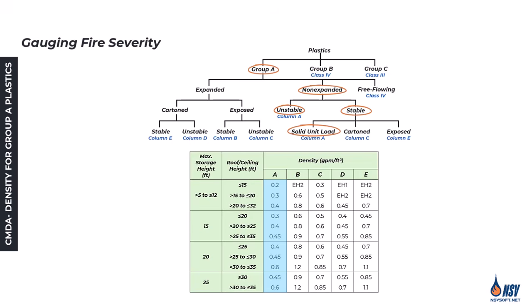This indicates that these specific Group A plastics present the lowest relative fire hazard, as they require a lower density of water for effective protection. We already discussed the reasons behind this earlier in this video and in our video on commodity classes.